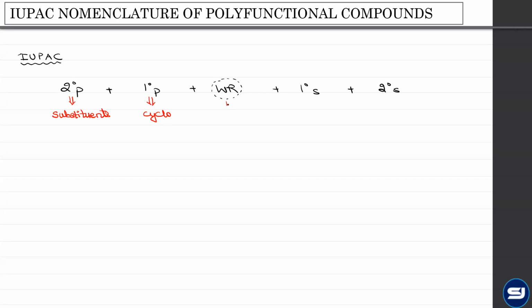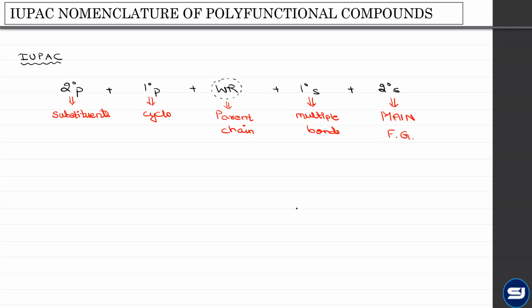Word root indicates the number of carbons in the parent or main chain, which contains the functional group. The 1-degree suffix indicates the presence of multiple bonds, and the 2-degree suffix indicates the main functional group of the highest priority.